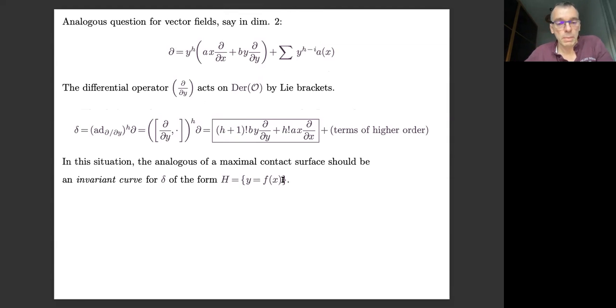What I mean by invariant is that if you apply delta as a derivation to y minus f, it should give a function which lies in the ideal generated by y minus f. If you write this, in fact, it gives you a differential equation on f, as I'm going to show you in a moment. So under which conditions can we find an invariant curve for a vector field which has an initial form like this?